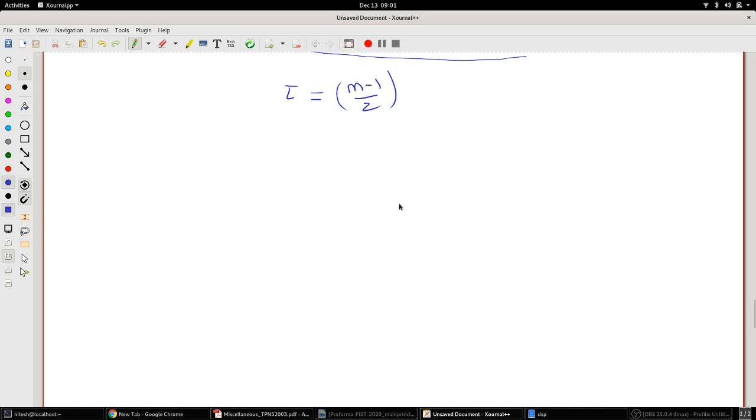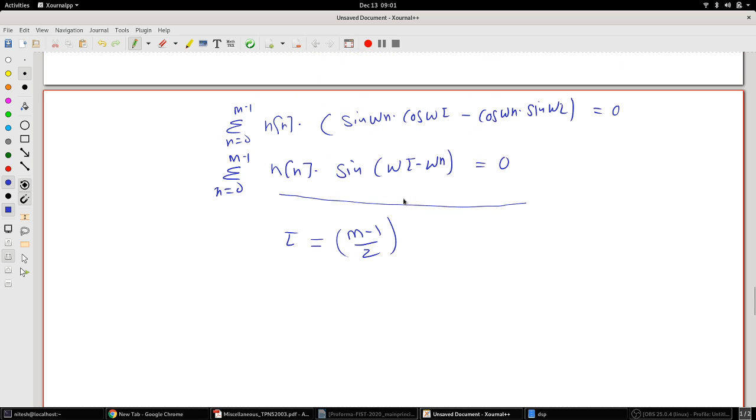Okay, so now if I plug it in here, this is the first thing, tau should be equal to m minus 1 by 2 and h of n should be equal to h of m minus 1 minus n, for n from 0 to m minus 1.